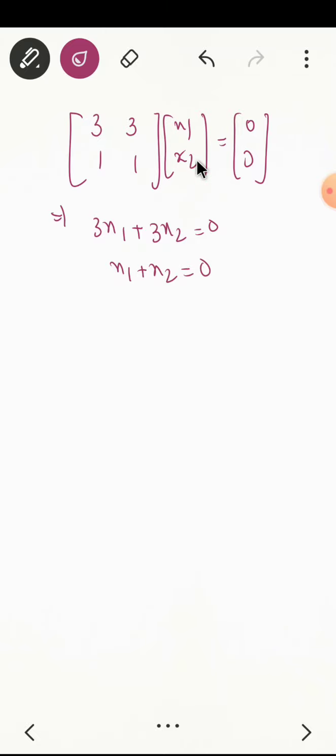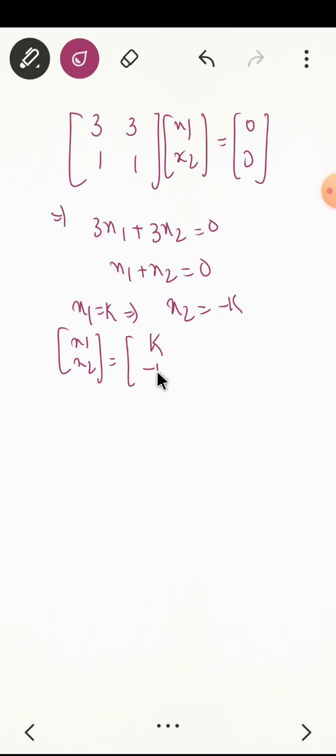Here also x1 plus x2 equal to 0. I am getting the same equation, which means I won't get any conclusion from the above equations. So let us consider x1 equal to k. Then x2 will become minus k. So x1, x2 will become k, minus k. I take k common: (1, minus 1). So the eigenvector is this.